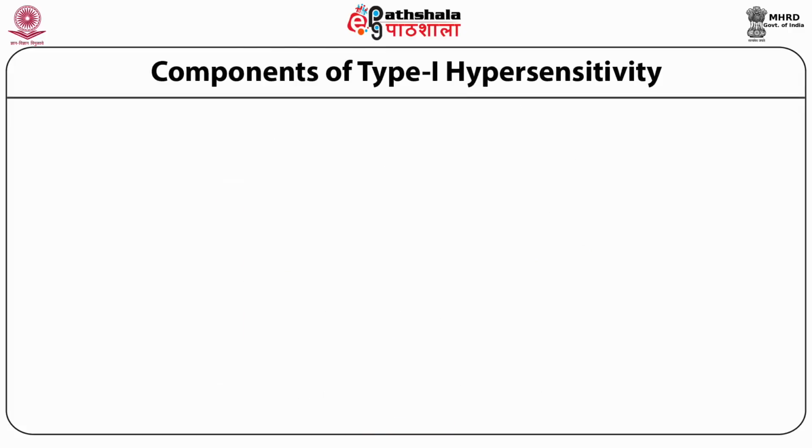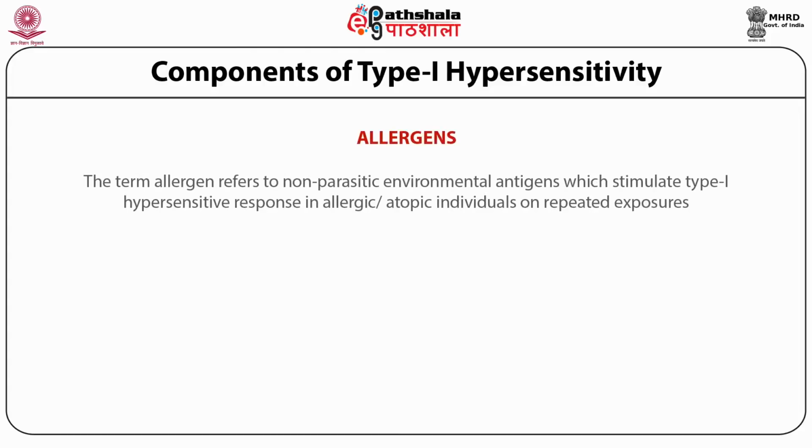Let us discuss the various components which are involved in type 1 hypersensitive reaction. Allergens. The term allergen refers to non-parasitic environmental antigens which stimulate a type 1 hypersensitive response in allergic or atopic individuals on repeated exposures.